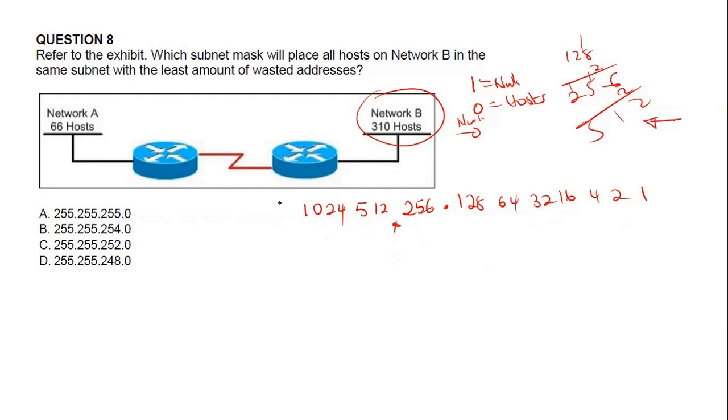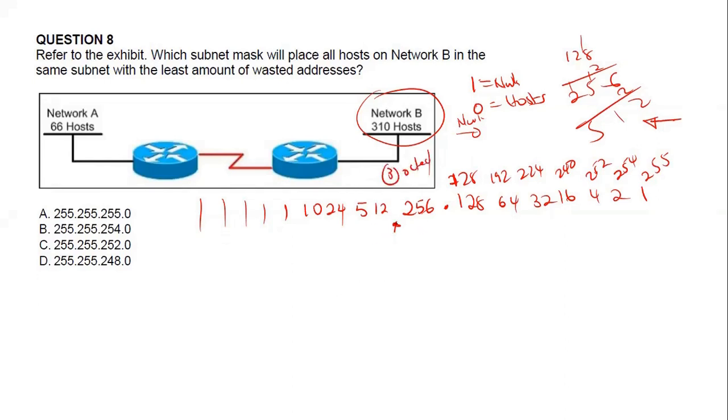So this is 1, 2, 3, 4, 5, 6, 7, 8. Remember our range is here. It's the same scenario: 128, 192, 224, 240, 248, 252, 254, and 255. The same I would put here, but remember here I am on the third octet.